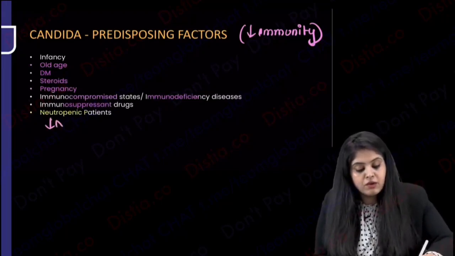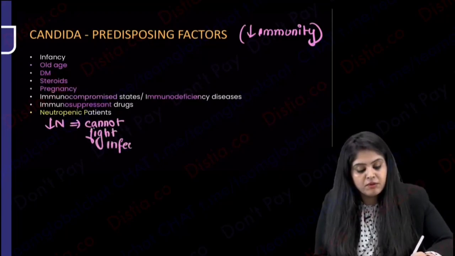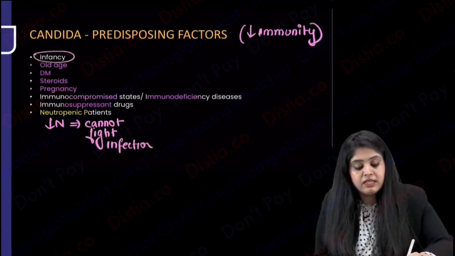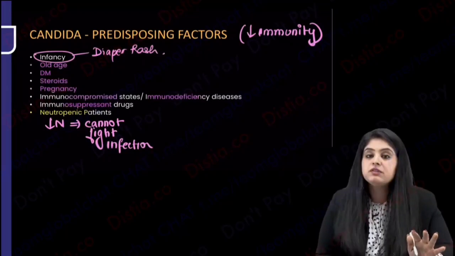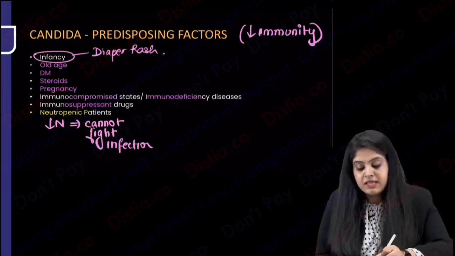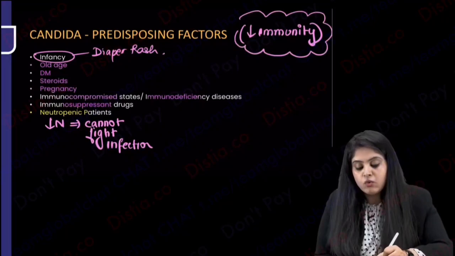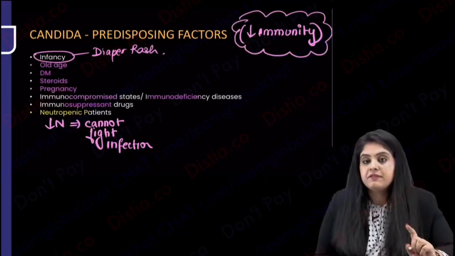Obviously, if his neutrophil count is low, he cannot fight infections. So yes, that is something again problematic, and it is seen very commonly in infants in the form of a diaper rash. I don't think there is anything new or fancy that I have told you out here, because the basic concept remains the same. Any situation where you play around with the immunity, candida can happen after that.